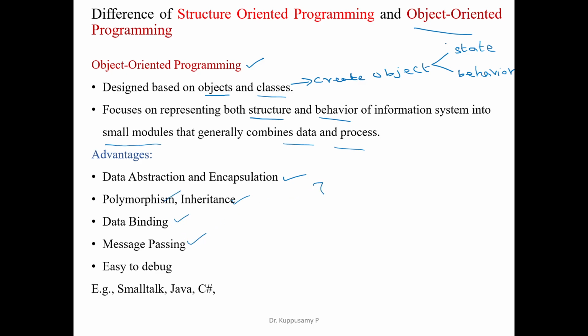So these are all OOP concepts, which are not supported by structure oriented programming, and it is easy to debug. Right? Examples of some programming languages: Smalltalk, Java, C#, right?